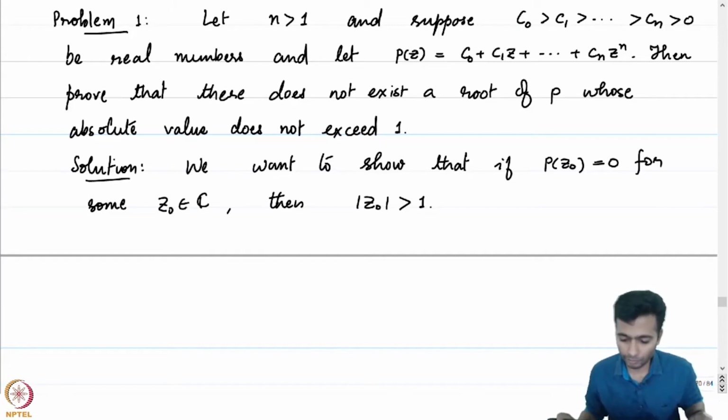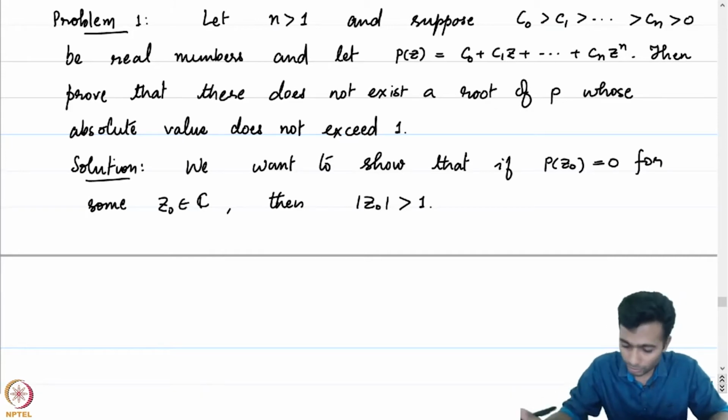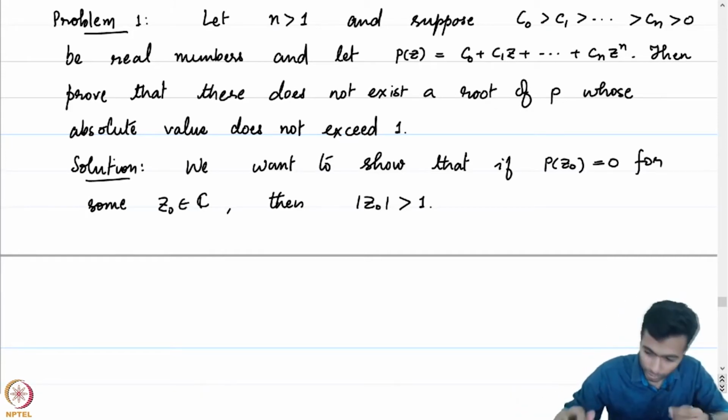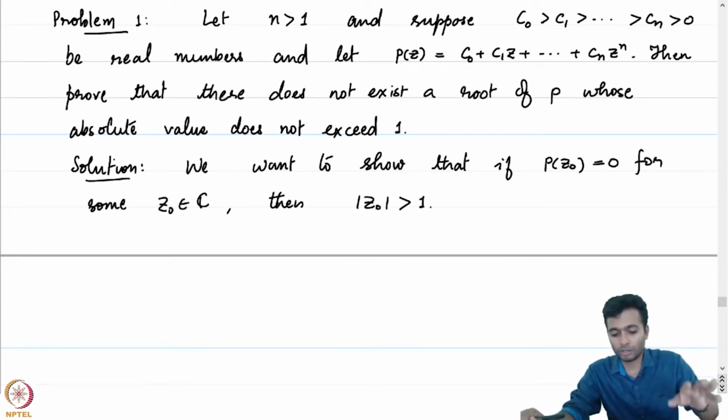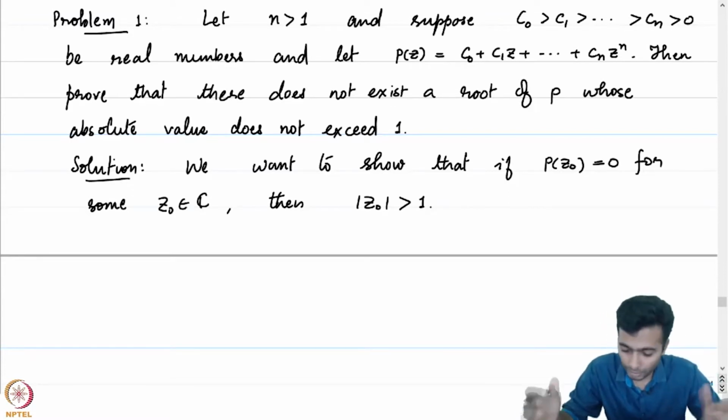This is precisely what we want to show. If you think about what the statement says, you want to show that there does not exist a root such that the absolute value is less than or equal to 1. So if at all there is a root, it has to be greater than 1 in absolute value. Alright, let's solve the problem.